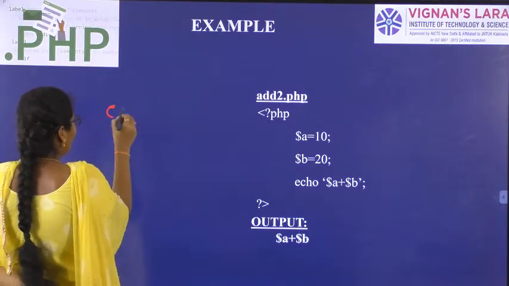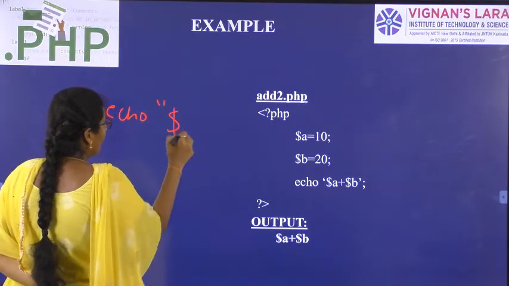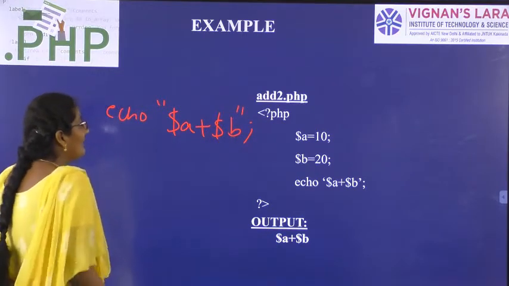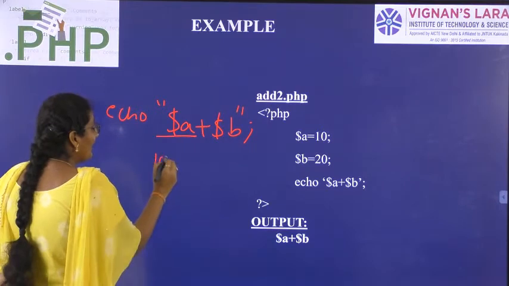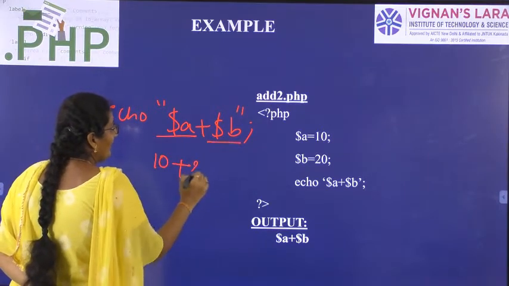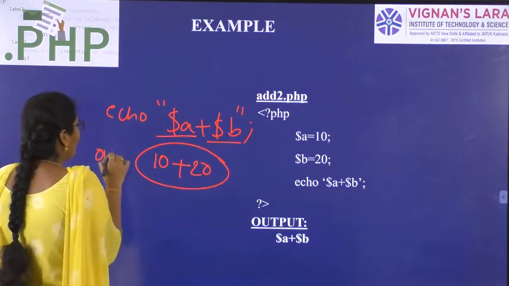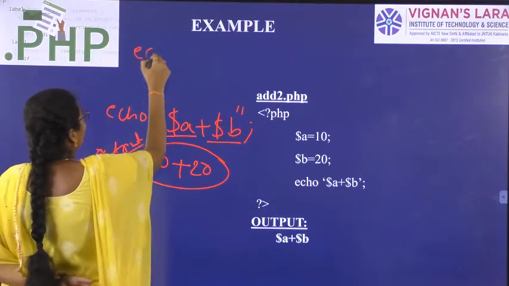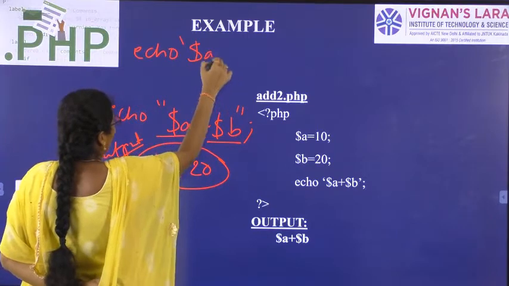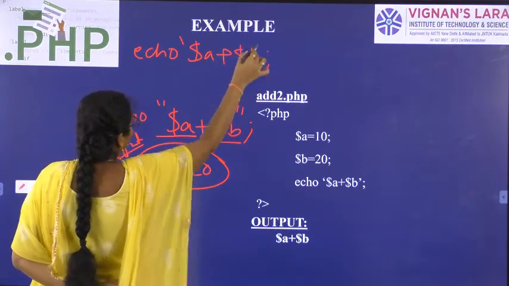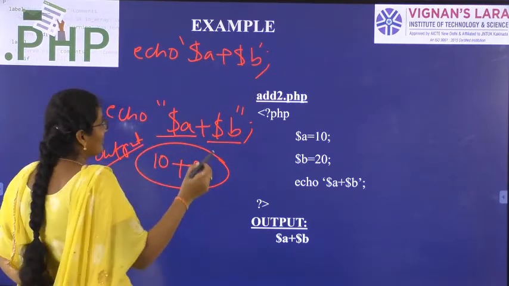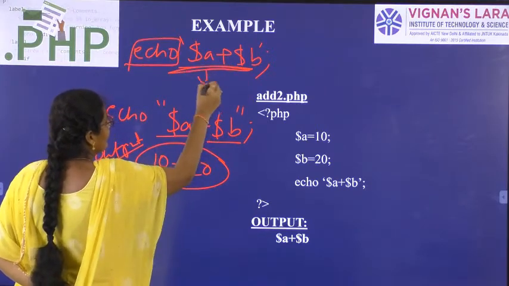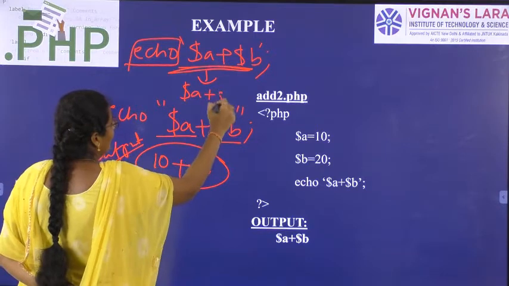So if I write echo double quotations $A plus $B, then I will get the value of $A, 10, plus the value of $B, 20. This will be the output when you are using double quotations. But if I write echo single quotations $A plus $B, then while using single quotations, whatever statement I have used in the echo, as it is, I will get as the output: $A plus $B.